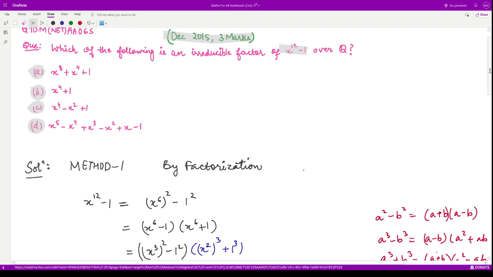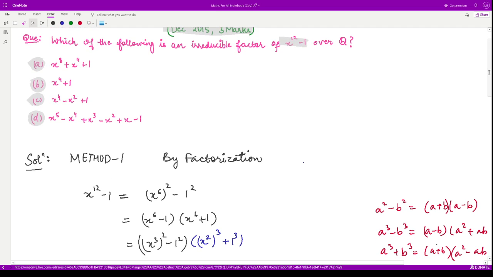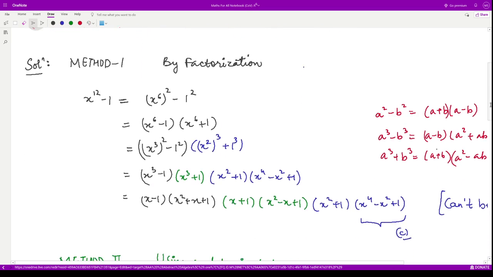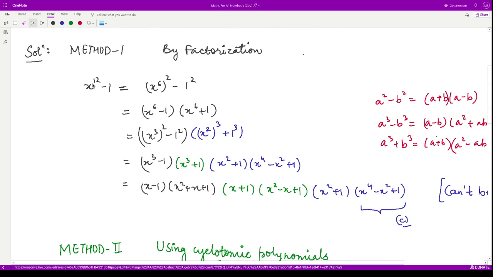In the first method, we shall see a very simple technique, that is, we'll factorize this polynomial x to the power 12 minus 1. How can we do that? You can write x to the power 12 as x to the power 6 raised to power 2. That means this thing squared, x to the power 6 squared minus 1 squared.